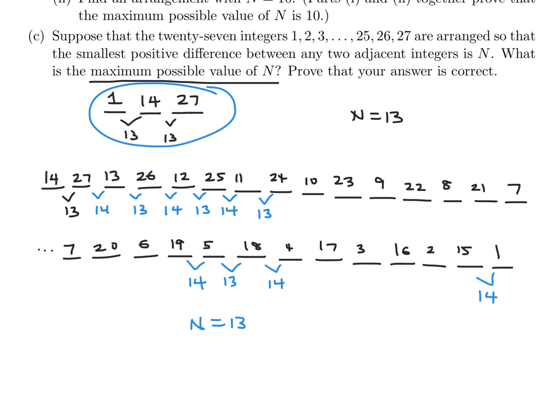Sorry, what I meant to say was, in this scenario, because you put 14 with 1 and 27, that you max out at 13 for the difference. And that pretty much gives us a system of creating a pattern or an arrangement, which I did, that shows that n would be 13.